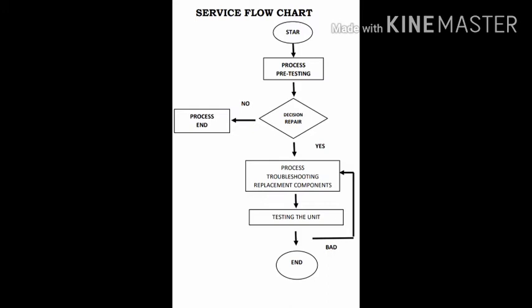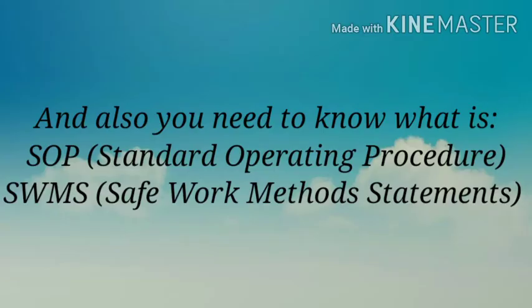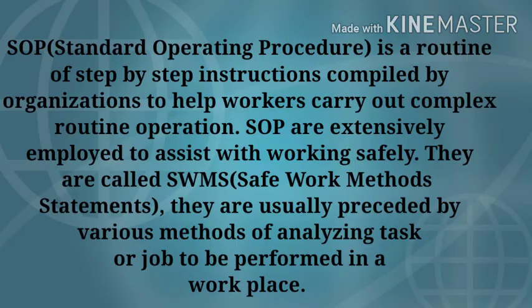And that's all. You will need to follow these steps so that your work will become efficient and done in the proper way. And also, you need to know what SOP, or Standard Operating Procedure, and SWMS, or Safe Work Method Statements, are.